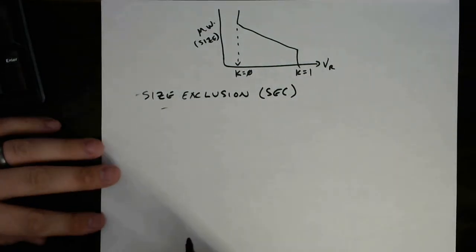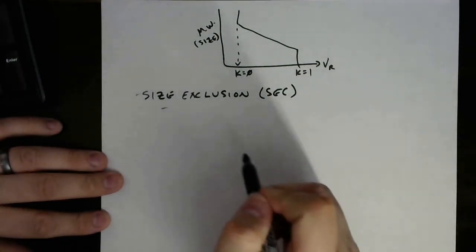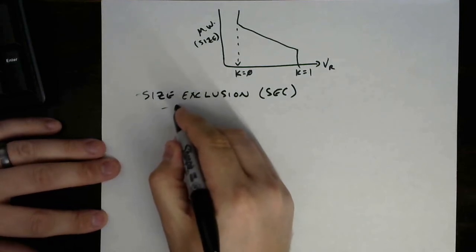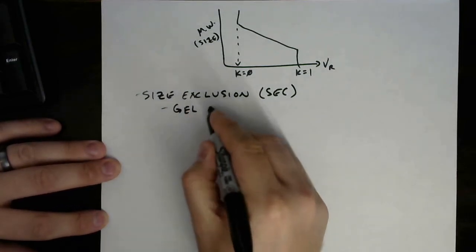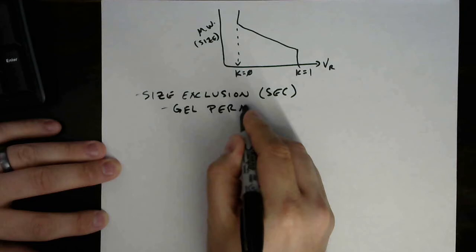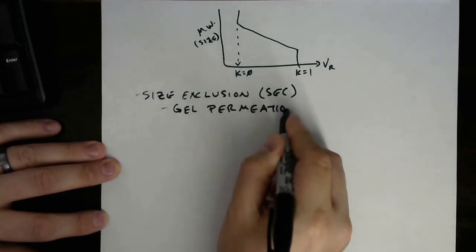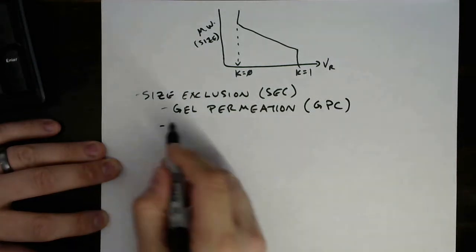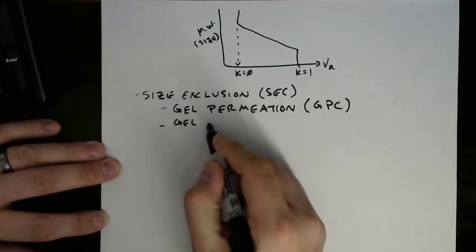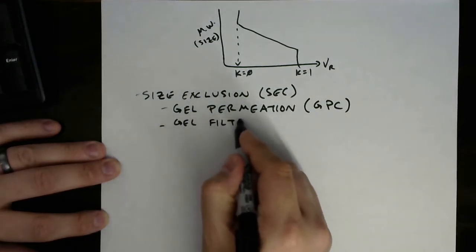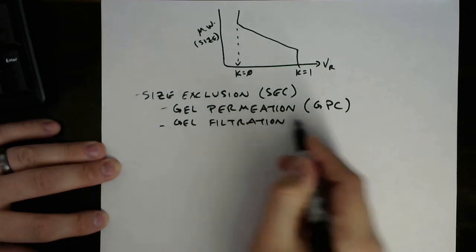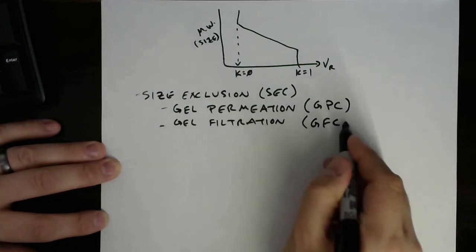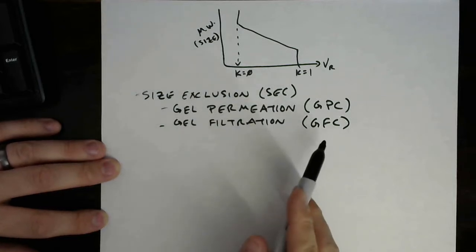But actually there are other really common names for this. It's often called gel permeation chromatography, that's GPC, or gel filtration chromatography, GFC. The thing to know is that these are all the same thing.